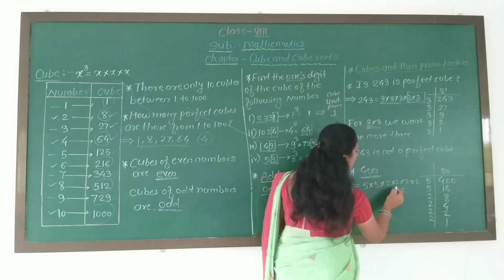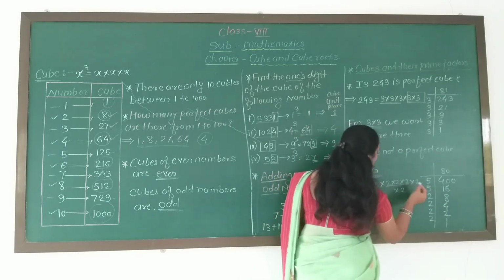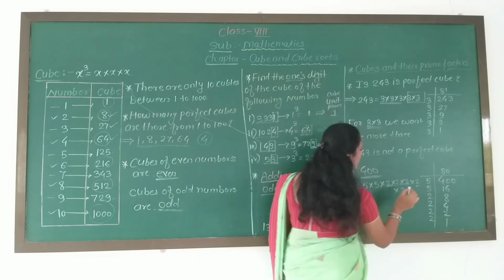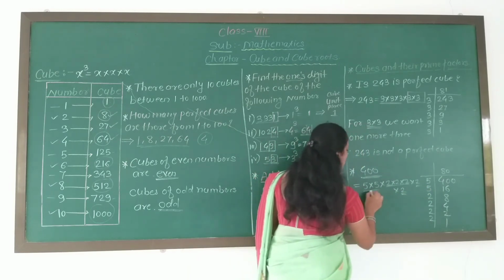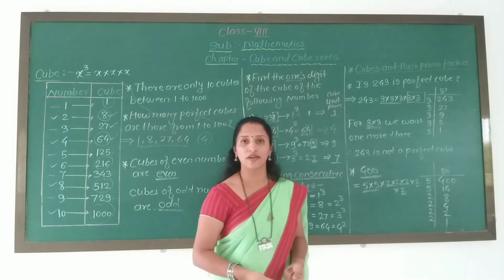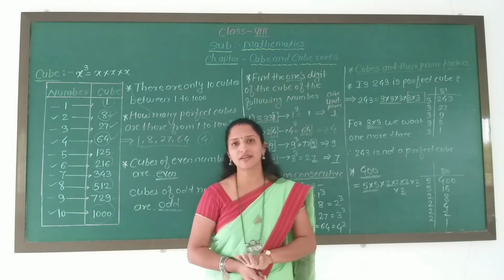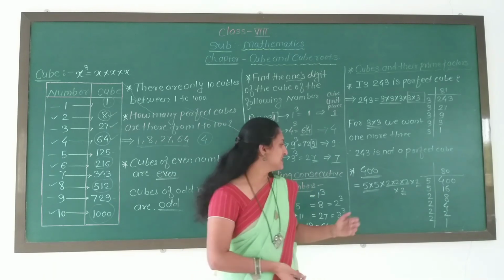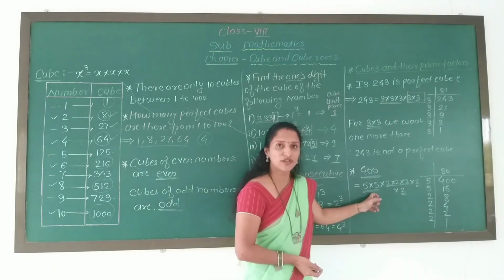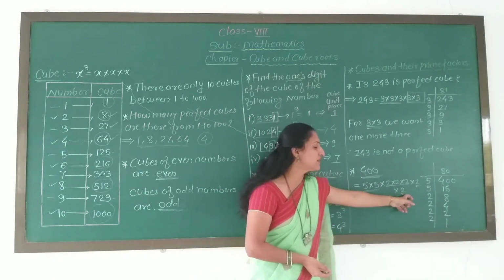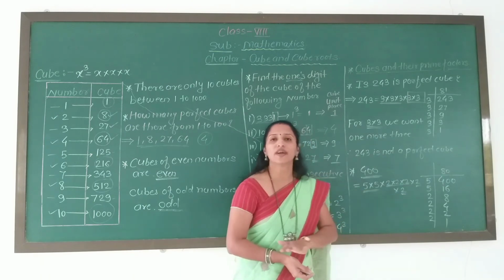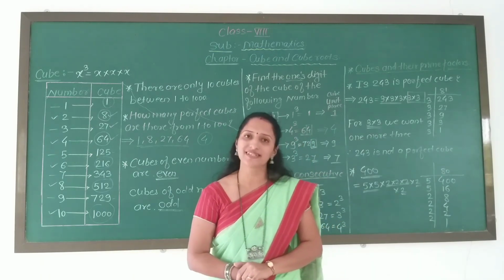So for this, we get here one triplet of 2. For this, 2 into 2, we want one more 2. Also here we want one more 5. So now tell me, is 400 a perfect cube? Since here the triplet is not completed for 5 and the triplet is not completed for 2, 400 is not a perfect cube.